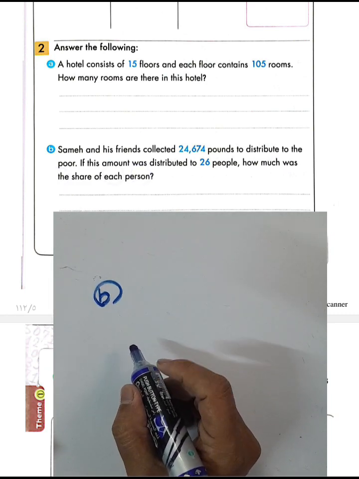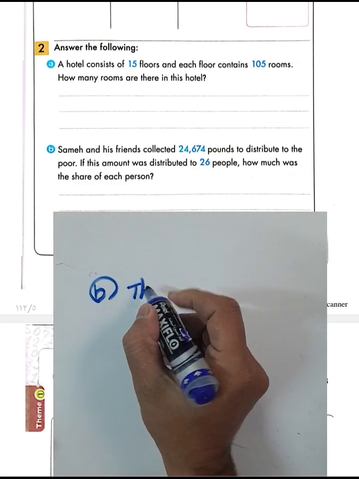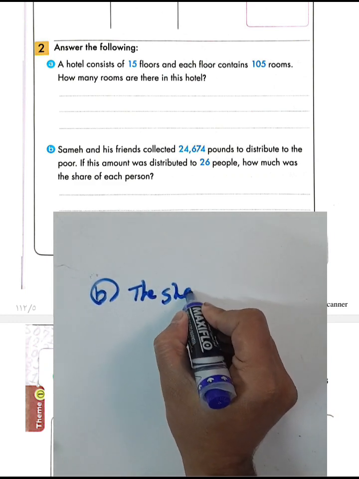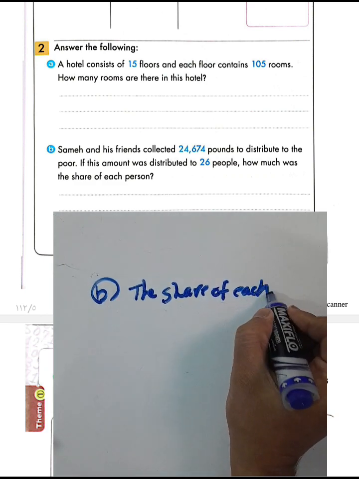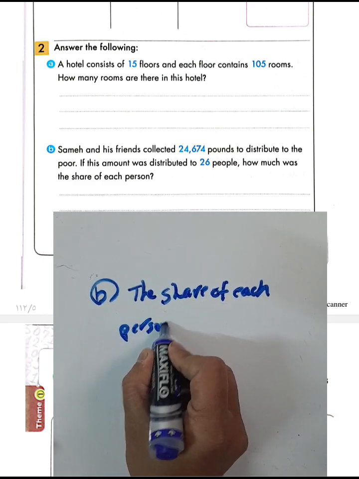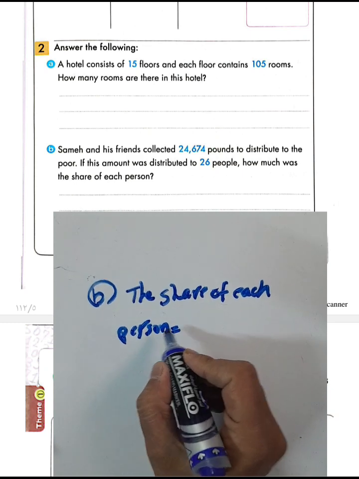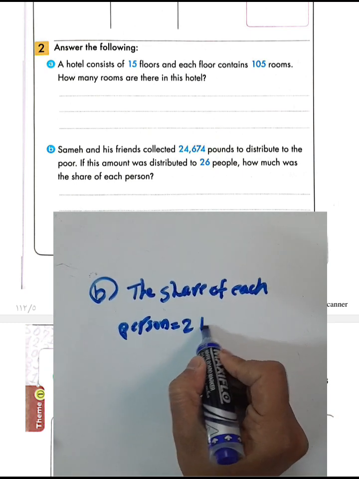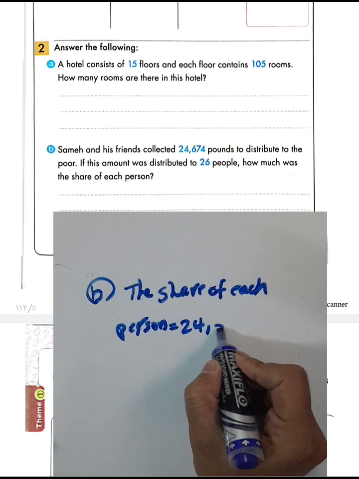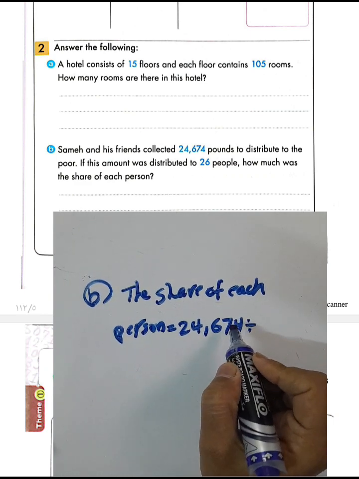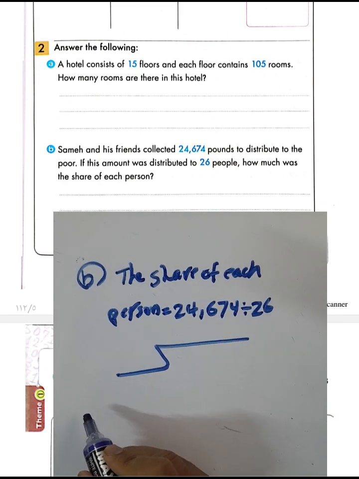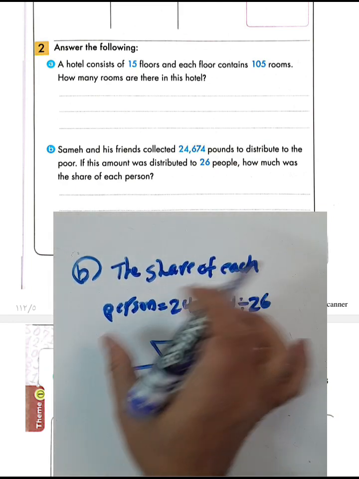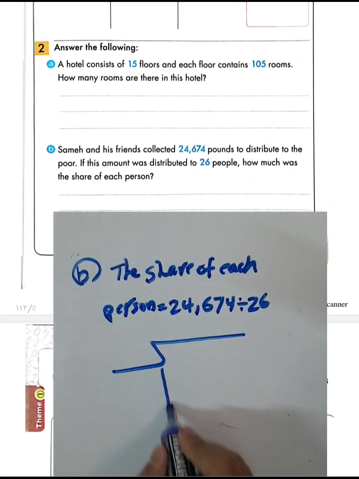The share of each person equals this number, 24,674 divided by 26, and then using long division to find the quotient. Okay, to find the share of each person, you must use long division to find the result.